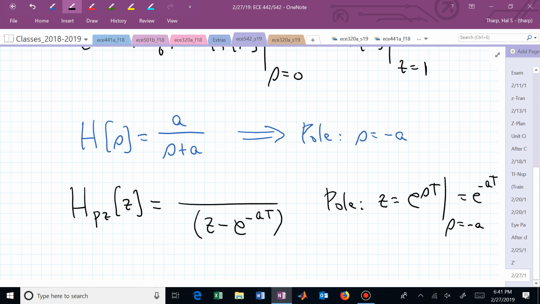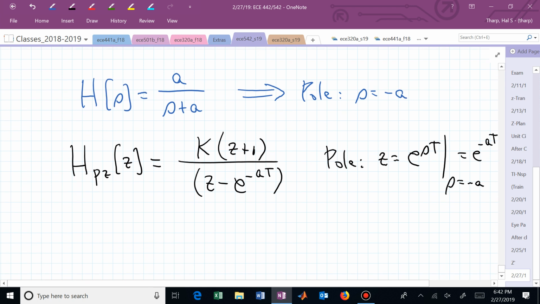We have 1 zero at infinity, and we said, for now let's agree that that means that we need to put a z plus 1 factor in the numerator expression for our pole zero matching strategy. But now we have to figure out what K is. And if this is a low-pass filter, how would we pick K?